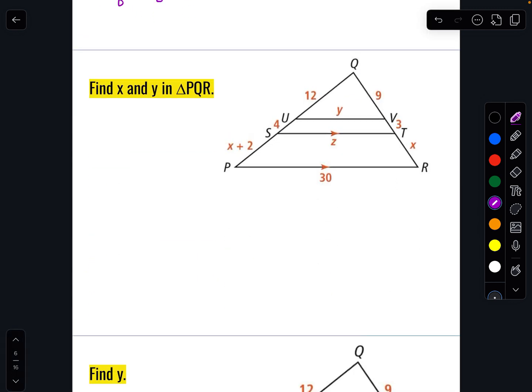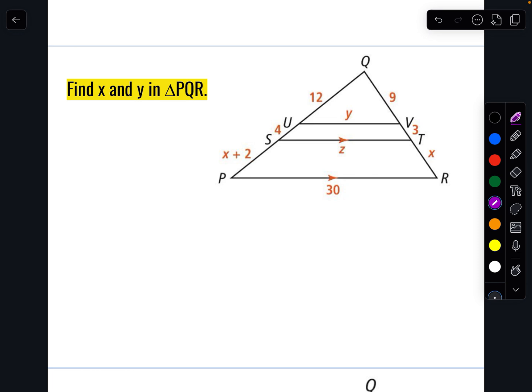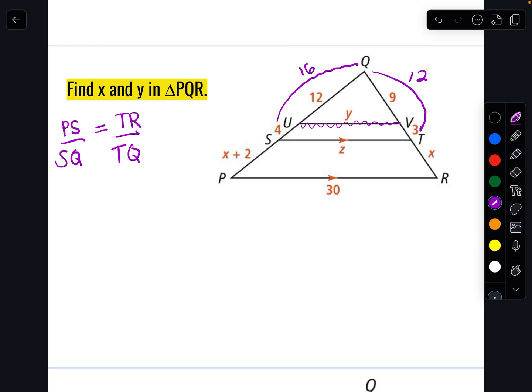Let's look at another one here. We need to find x and y. So let's find x first. If I look at my picture here, I know that PS divided by SQ equals TR divided by TQ. So as of right now, I'm going to pretend like this segment isn't there. I know this whole thing is 16, and I know this whole thing is 12.